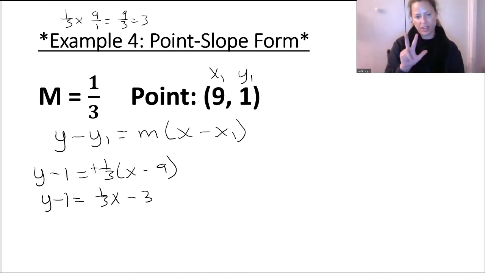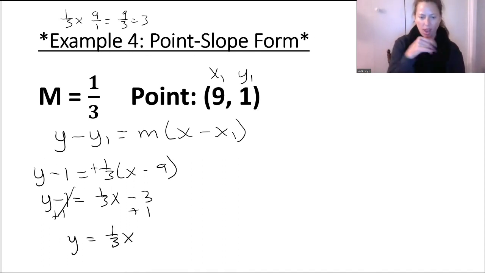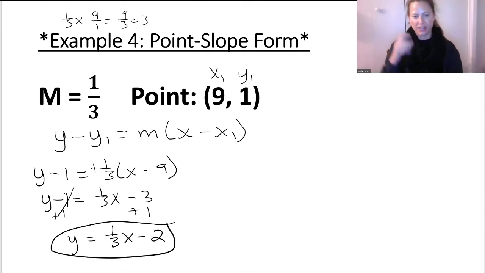So 1/3 times negative 9 is negative 3. Now add 1 to both sides. y equals 1/3 x minus 2. There we go. Just plug it into the formula, simplify, distribute, get y by itself, and simplify again if needed.